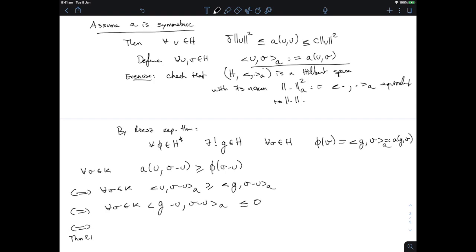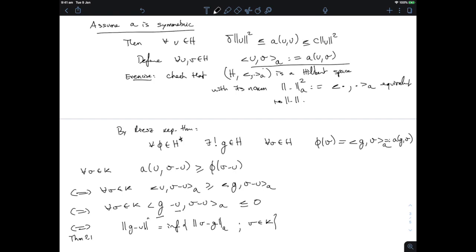That tells us that U is going to be the projection of G onto K, but in the Hilbert space that has the norm adapted to A. And what is that telling me? Well, it's telling me that U minimizes the distance between a generic V in K and the point G. But that's with respect to the A norm.